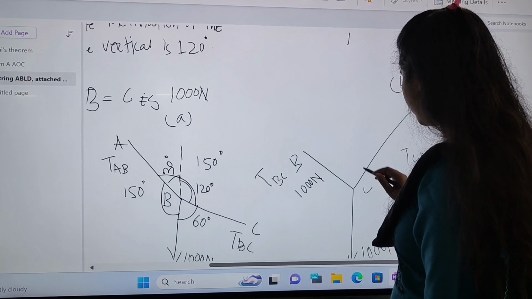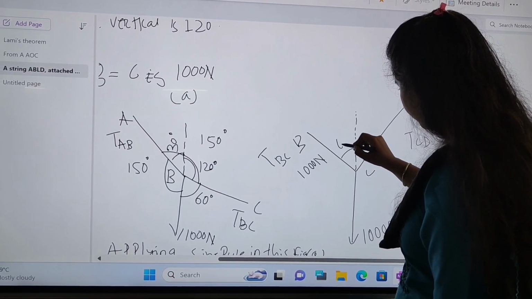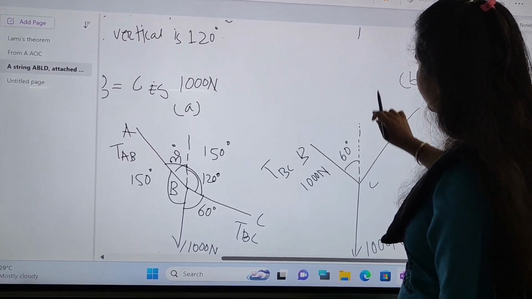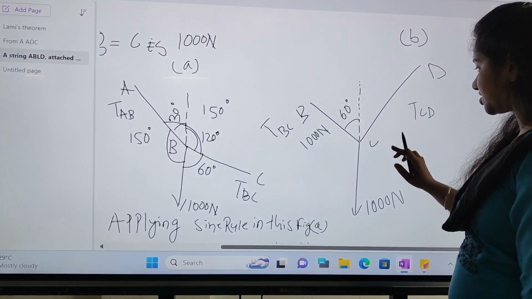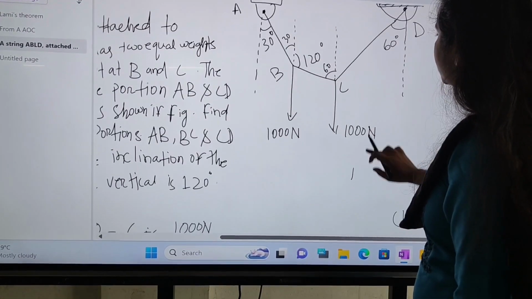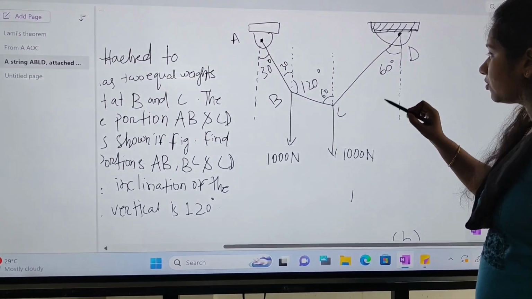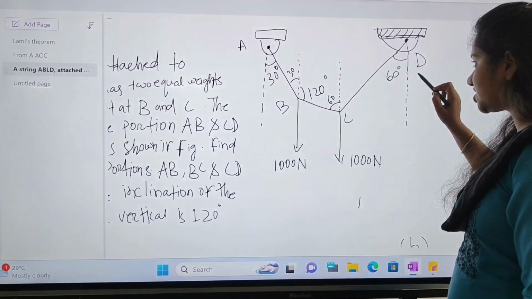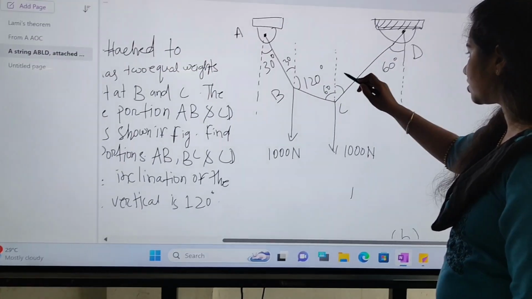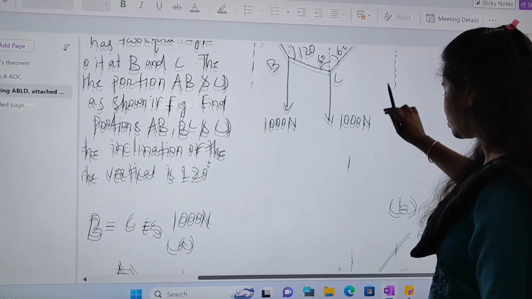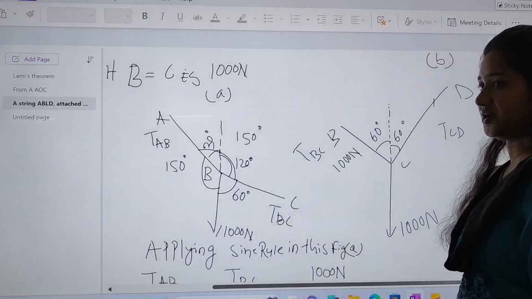Also, here we draw a parallel line and find this value. This one also is a parallel line. We know this angle is 60, so the corresponding angle is the same. So this angle is also 60. So we write down here. This one also is 60.